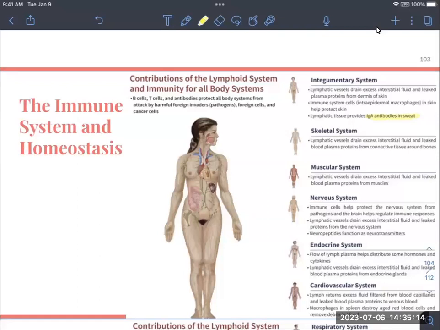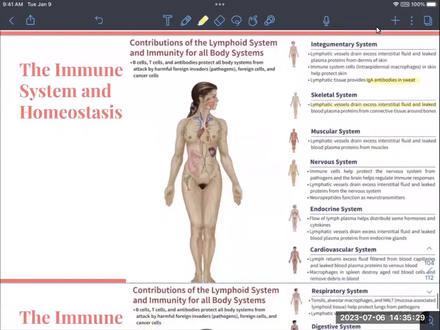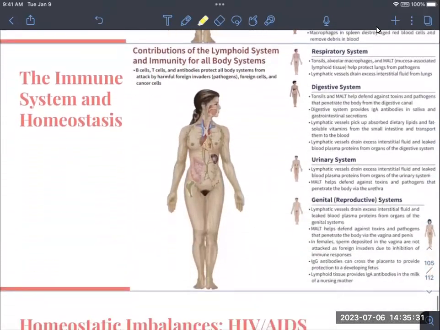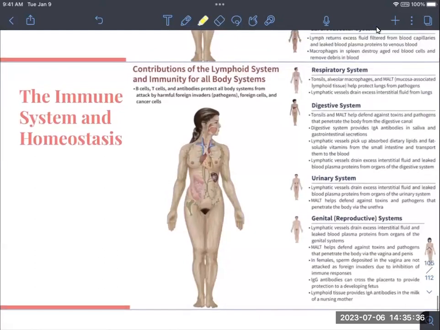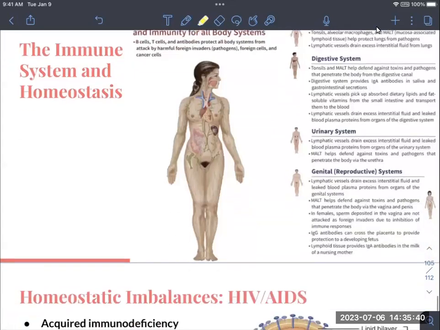Your skeletal system has lymphatic vessels around it. Your muscular system has lymphatic vessels, and your muscular system works as a pump. That endocrine system, those hormones, those cytokines, respiratory, digestive, urinary, genital systems, all of these different systems are going to deal with your immune system.